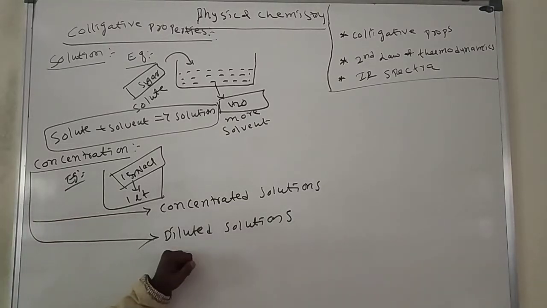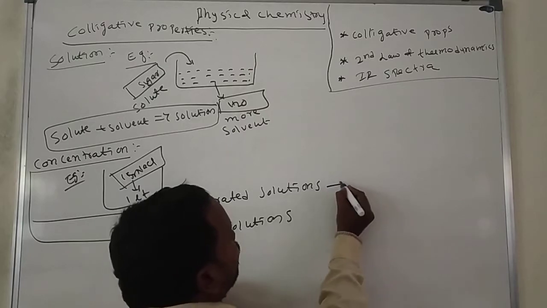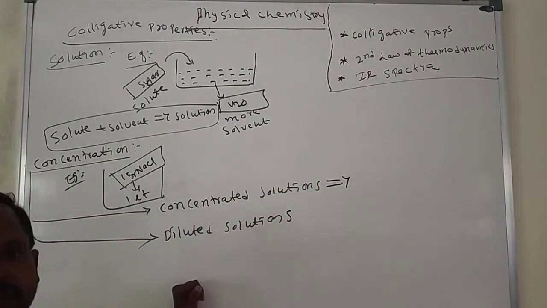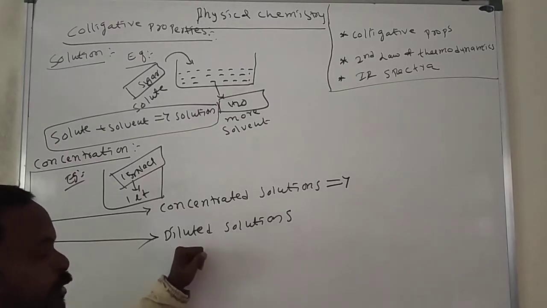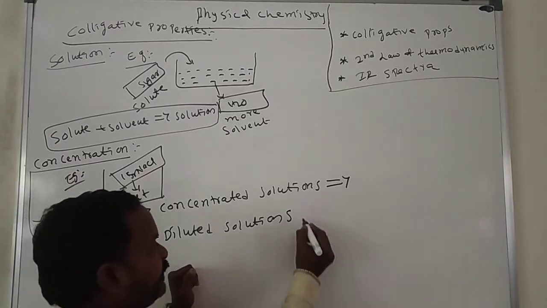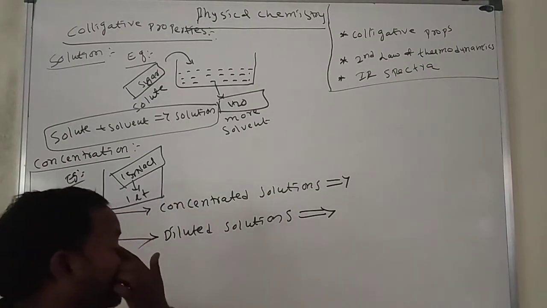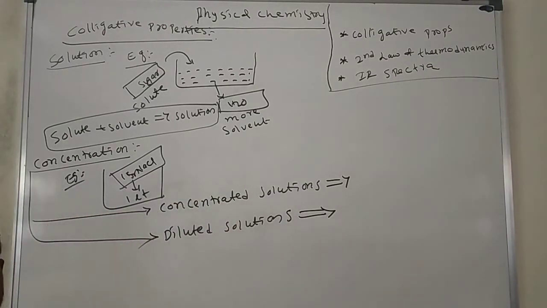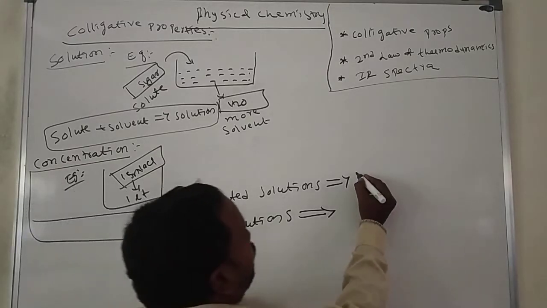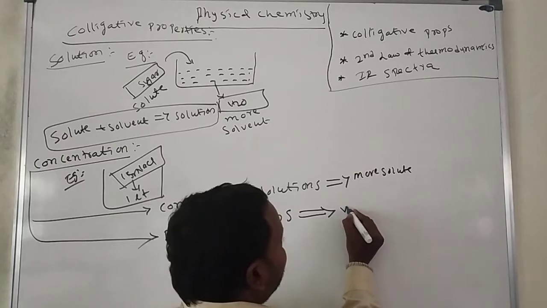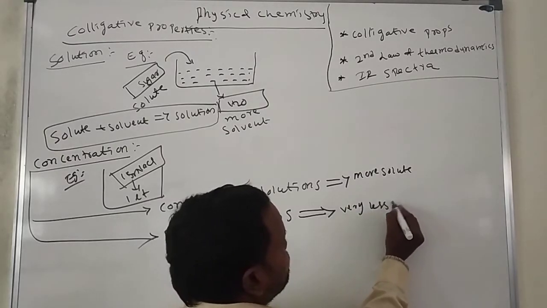The solution which has more amount of solute is called a concentrated solution. The solution which has very little amount of solute we call a dilute solution. That means here more solute is present, here very little solute is present.